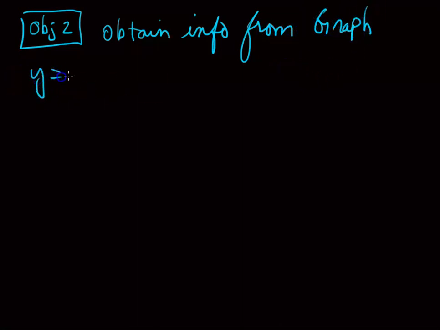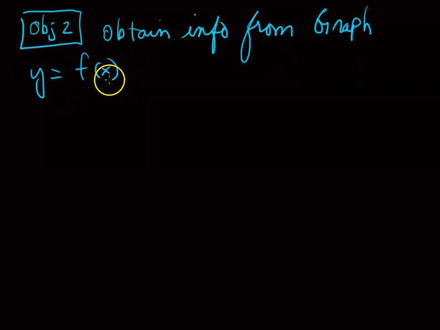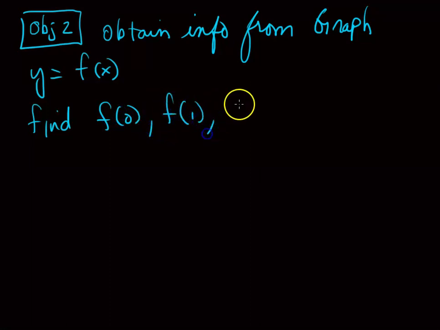The graph y equals f of x. This is, we've got graduation medals, right? Find f of 0, f of 1, f of negative 3, if f of x equals 3x squared minus 4.